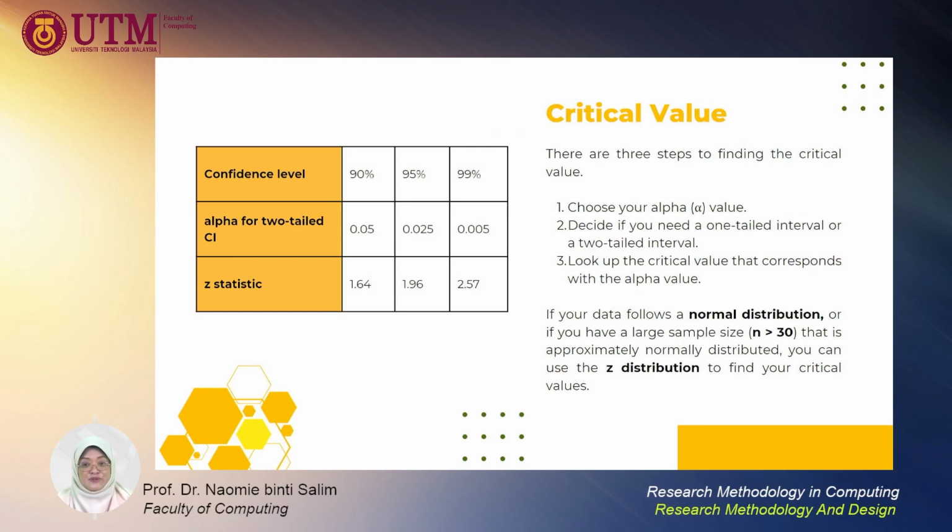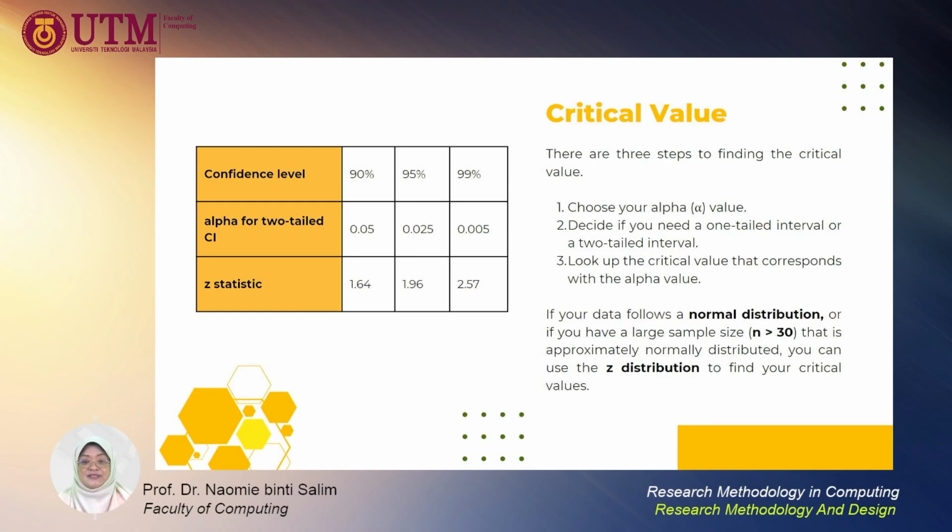There are 3 steps to find the critical values. First, you have to choose the alpha value. Then decide if you need a 1-tail interval or a 2-tail interval. And then you can look up the critical value that corresponds with the alpha value. So if your data follow a normal distribution, or if you have a large sample where n, the data that you have collected, is greater or equal to 30, that is approximately normally distributed data.